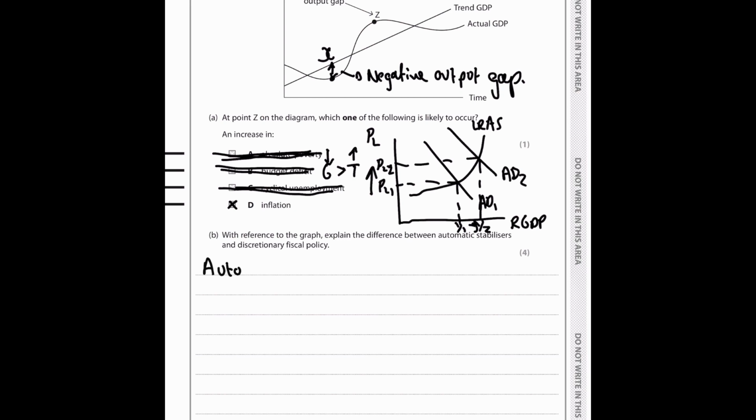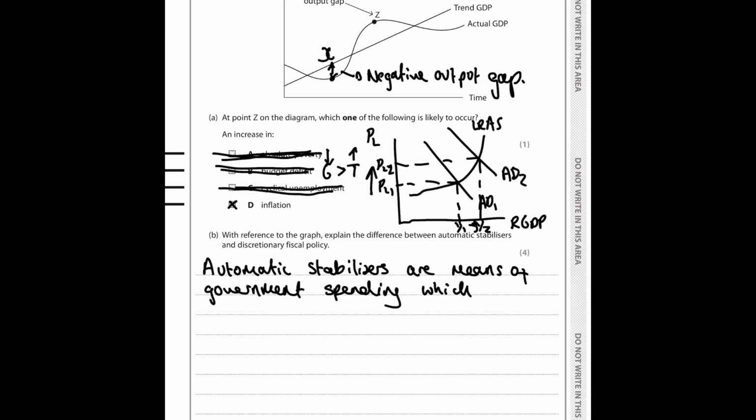So, automatic stabilizers are means of government spending which occur based on the fluctuations of the trade cycle.